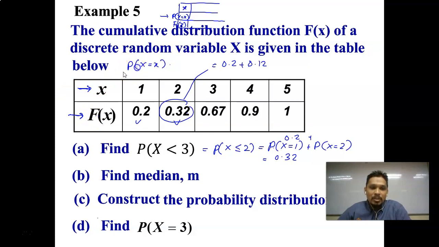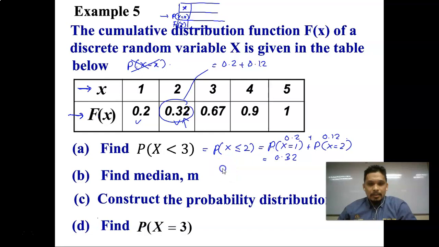This one is not in this table, so we need to come up with these two. Just imagine that it's 0.2 and 0.12 equal to 0.32 here. Okay, and find the median for this one now.